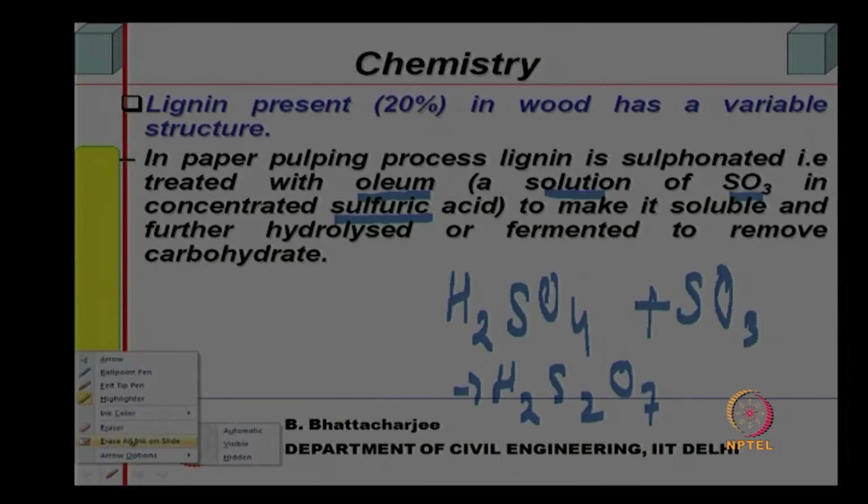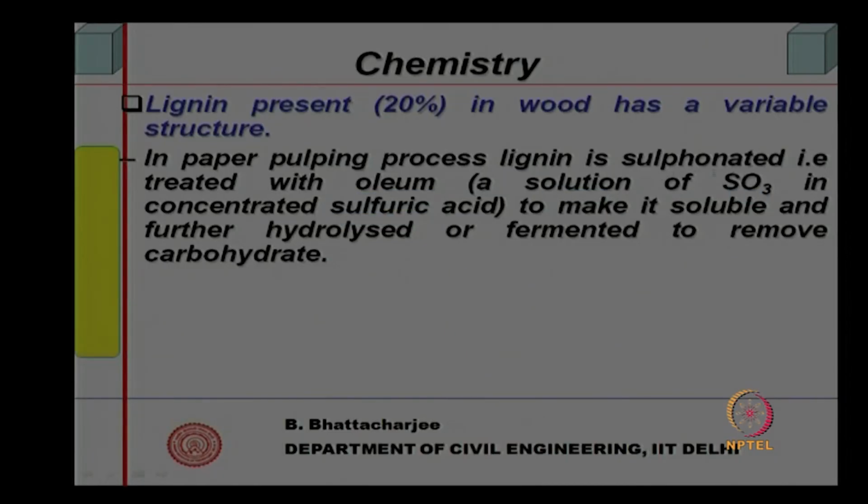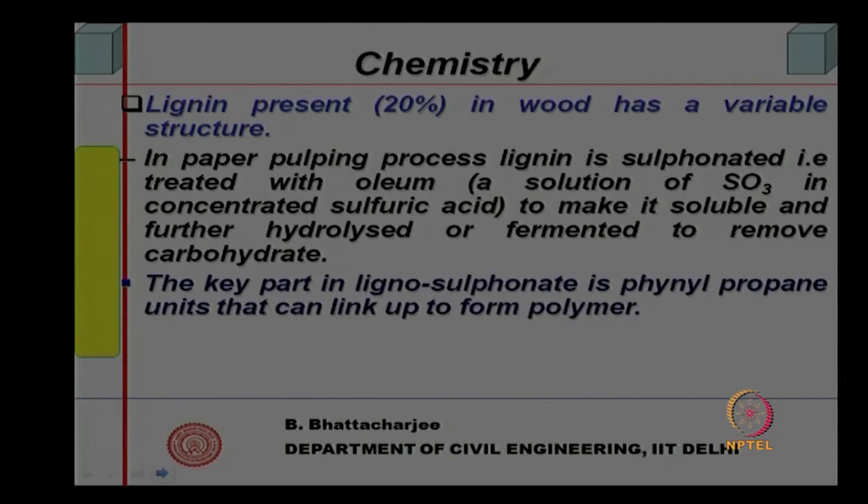It is treated with oleum to make it soluble, and then further hydrolyzed or fermented to remove carbohydrate. Paper is actually a product from the paper industry.